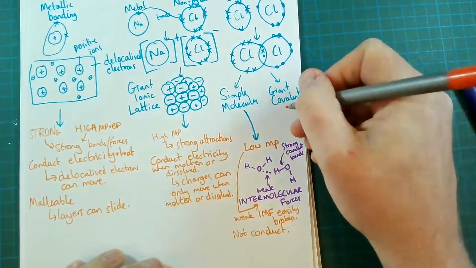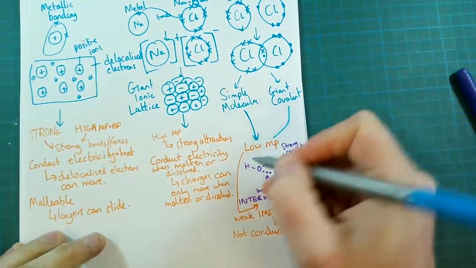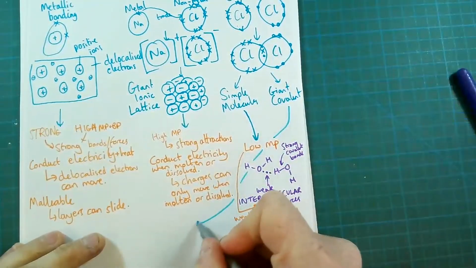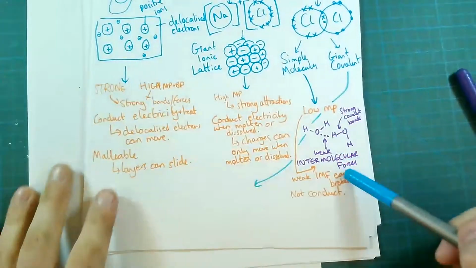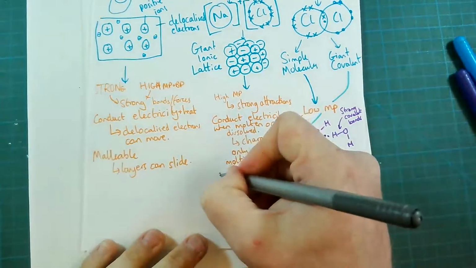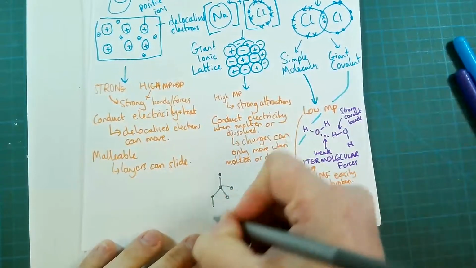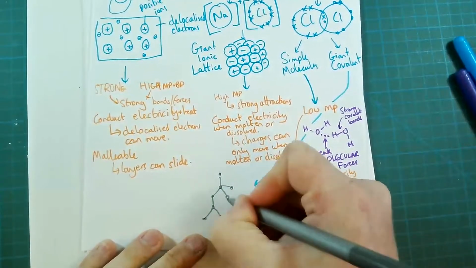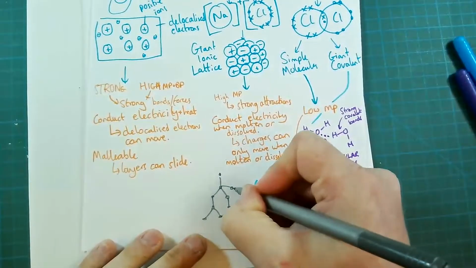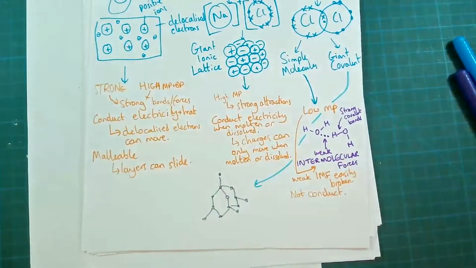Now, when it comes to giant covalent, they avoid the problem that simple molecules have with the weak intermolecular forces. If I take something like diamond, look at that beautiful artistic impression.